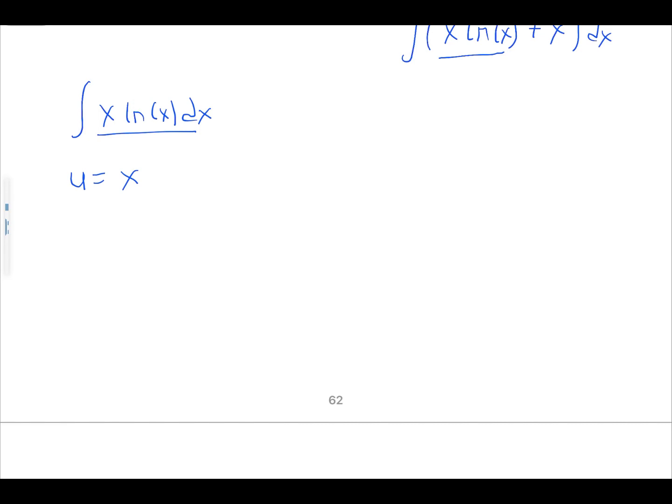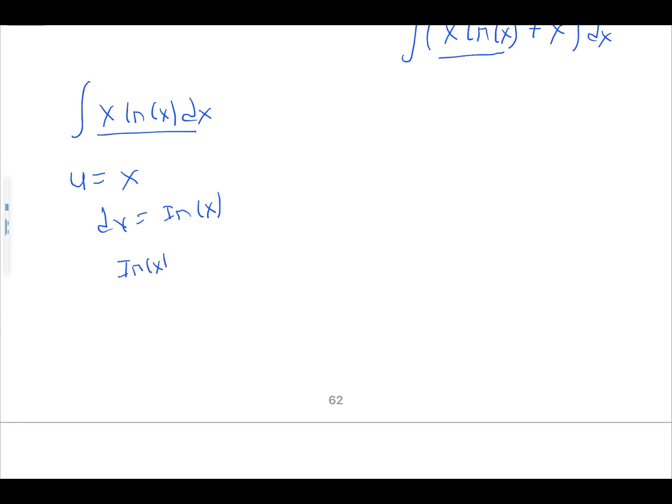But let's look at something here. When we give u equal to x and dv equal to ln x, that also becomes a whole problem. This is because we don't have the integral of ln x already.